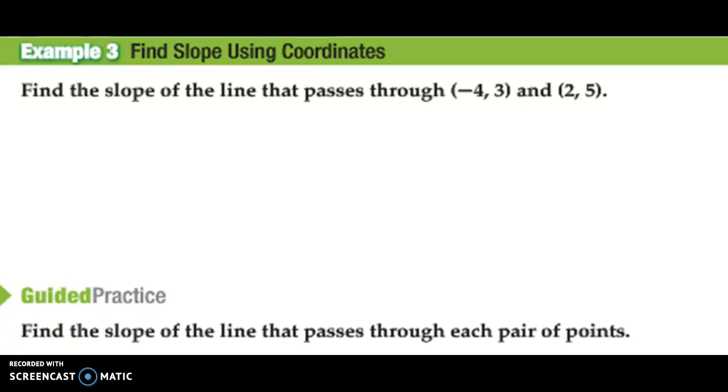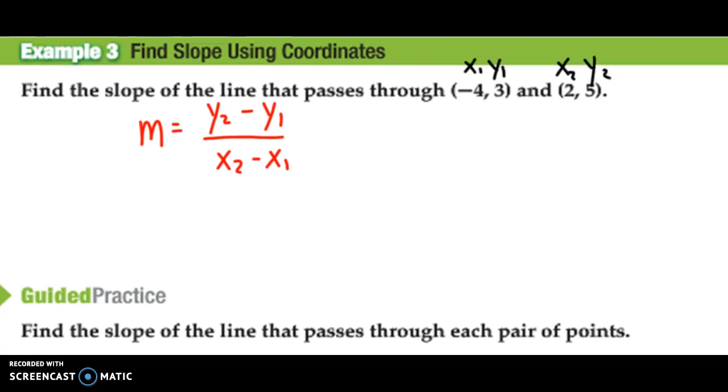So we go back to our equation for slope, which is y2 minus y1 over x2 minus x1. And I simply fill in where I can. Well, if this is my first point, that's my x1, y1. And here's my second point, x2, y2. And I just substitute in the numbers that work.